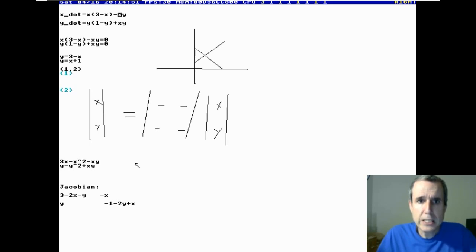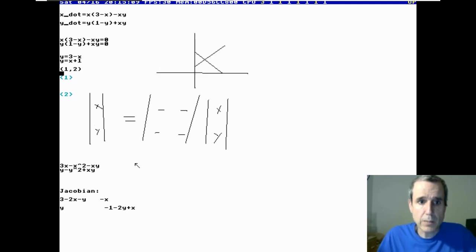Okay, so it solves that. And let's see if it solves this. 1 minus 2 is minus 1. Minus 1 times 2 is minus 2. Okay, so it solves that and it solves that. So at the point (1, 2), we have an equilibrium.